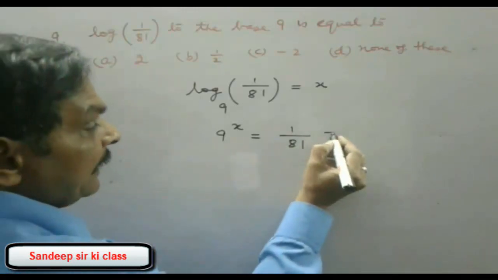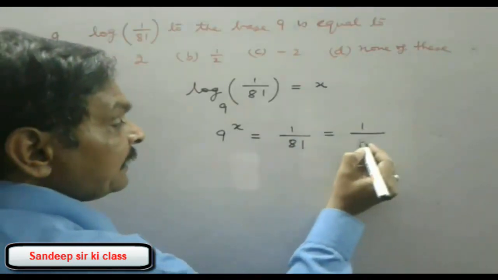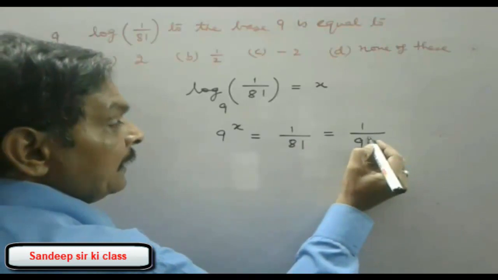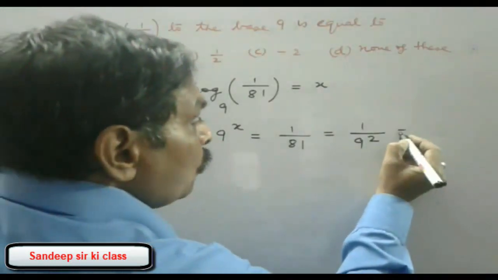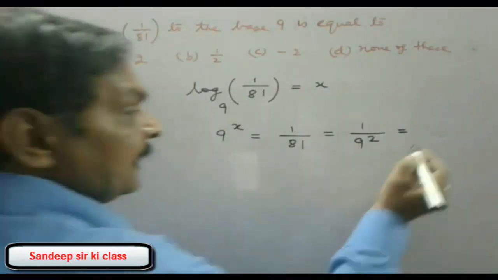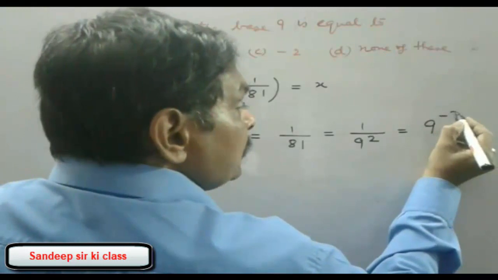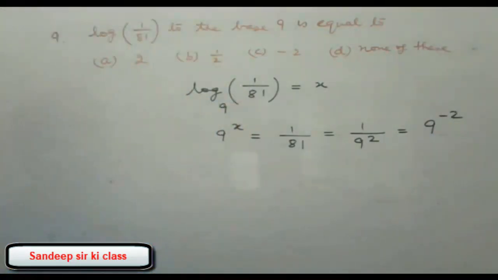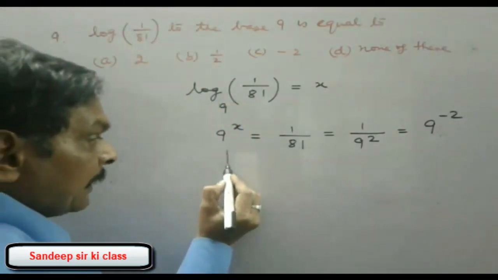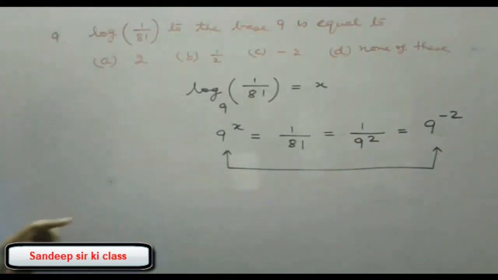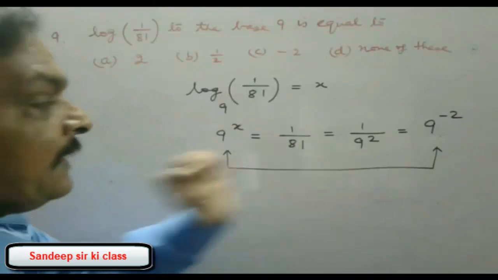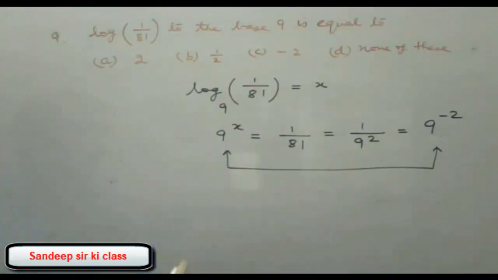Now 1 by 81 can be written as 1 by 9 raised to the power 2, because 81 is 9 to the power 2, and with the rules of indices it can be written as 9 to the power minus 2. Now when we compare these two, on both the sides we have 9 as the base, so powers will be equal.